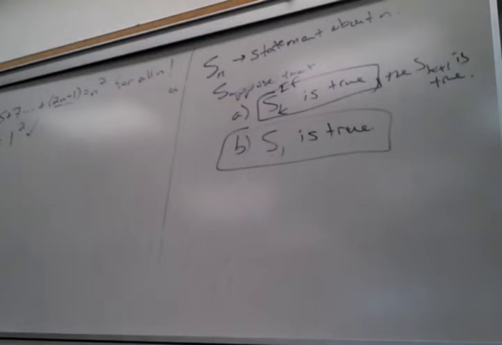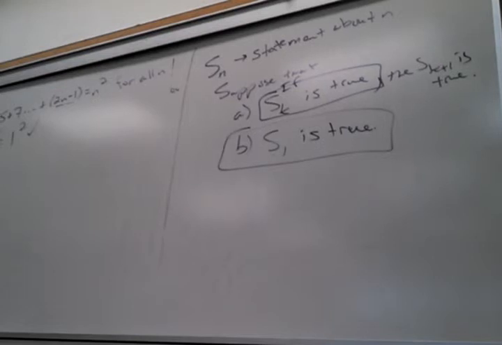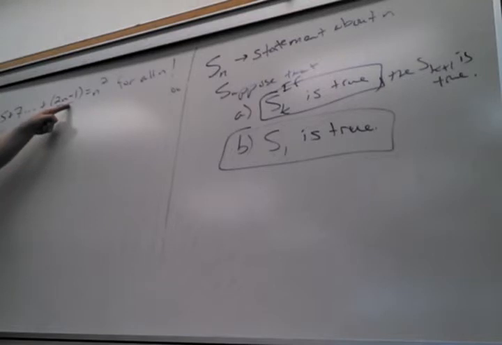Statement. Or you can think of it as sum if you want to, but it's not always a sum, so don't do that. It's the statement involving n. So the specific one involving 1, I go 1 plus 3, all the way up to this. Well, for n equal 1, this is 1. So I start at 1, and how far do I go? 1. So it's 1 equals, n is 1, 1 squared.